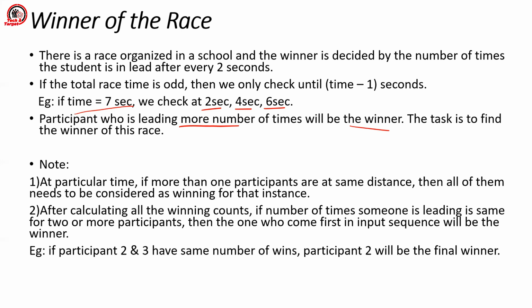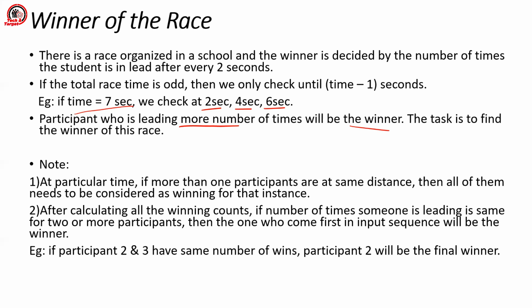Right. So the first comparison will be done at 2 seconds. Then after 2 seconds, it will be checked again at 4 seconds. Now at the 4th second, who is leading, that person's count will be increased by 1. That person's points will be increased by 1. And after again 2 seconds, that means 4 plus 2, which will be 6 seconds, at 6 seconds again, the comparison will be made who is leading currently.